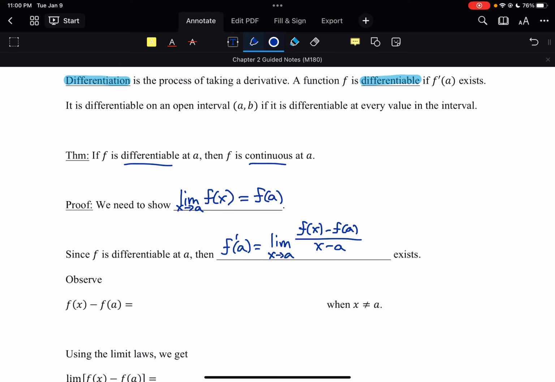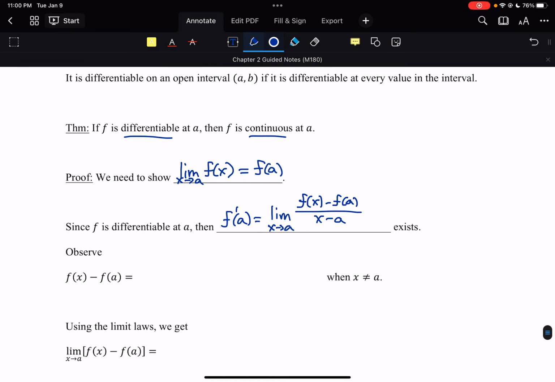Notice that f of x minus f of a, that term that we would have up here in the numerator, if we just look at this term by itself, this is exactly the same as f of x minus f of a over x minus a times x minus a. This is one of those situations in a proof where it's less important to understand why we would know to come up with that, and more important to understand the logic of it.